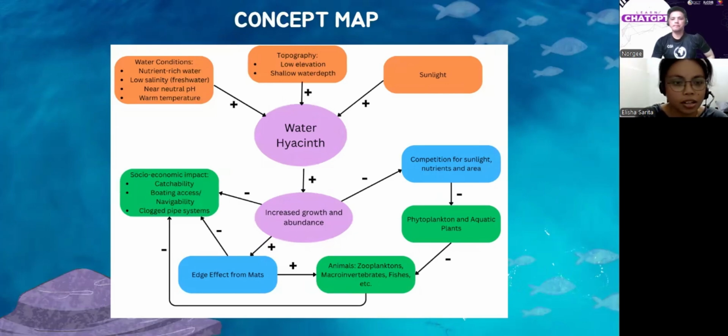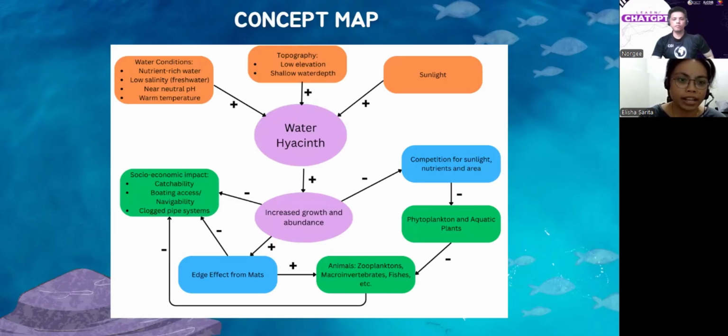To better understand the ecological relationships that water hyacinth has in both the abiotic and biotic factors, we've dumbed it down to a concept map. As you can see here, the water hyacinth extremely proliferates in favorable conditions like good sunlight exposure, low elevations, and nutrient-rich water.